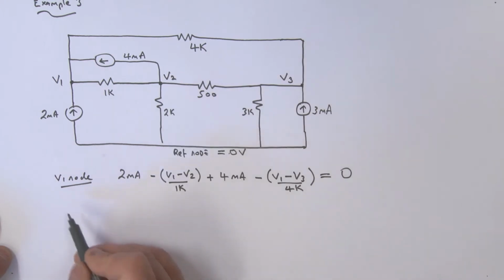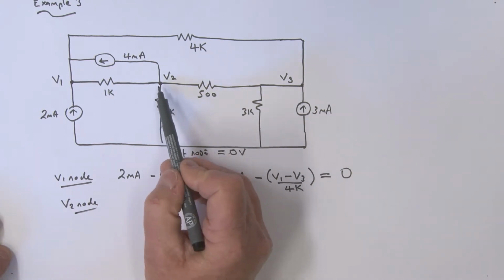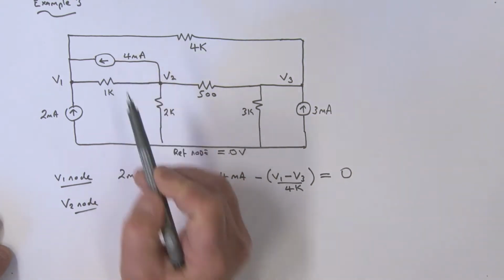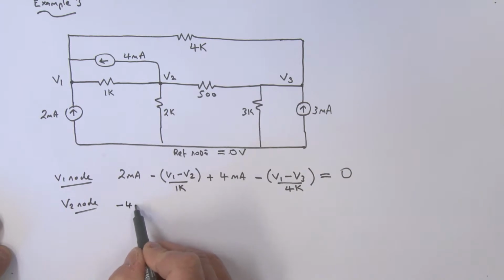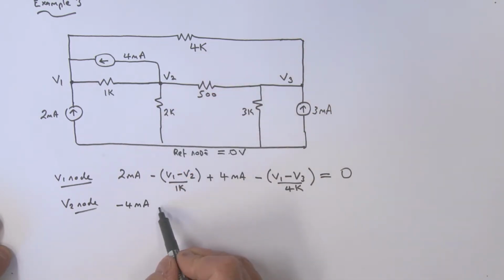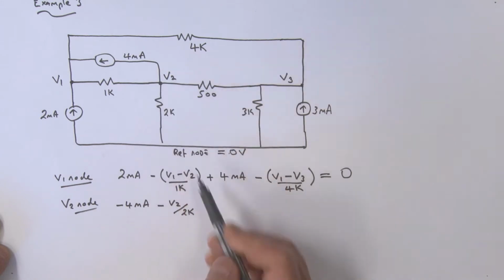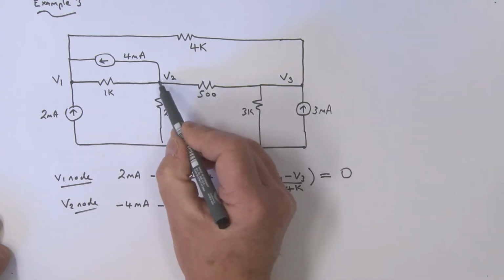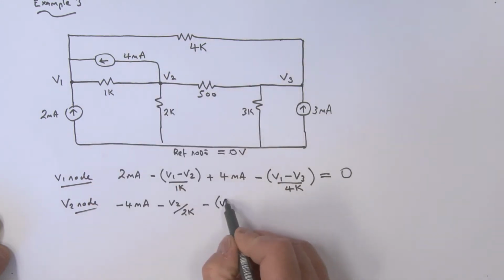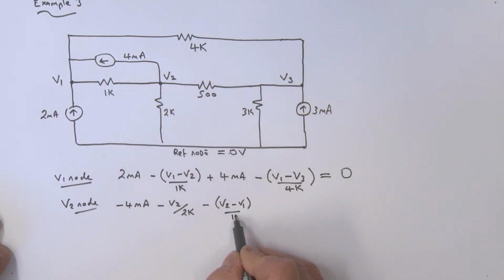Let's look at the V2 node equation. So this is the V2 node. All right, what have we got? Well, starting here, we've got 4 milliamps coming out, so we can say it's a minus 4 milliamps. Current in this direction would be what? A minus V2 over 2K. Current going in this direction would be a minus bracket V2 minus V1, so that's V2 minus V1, and that's over what? 1K.